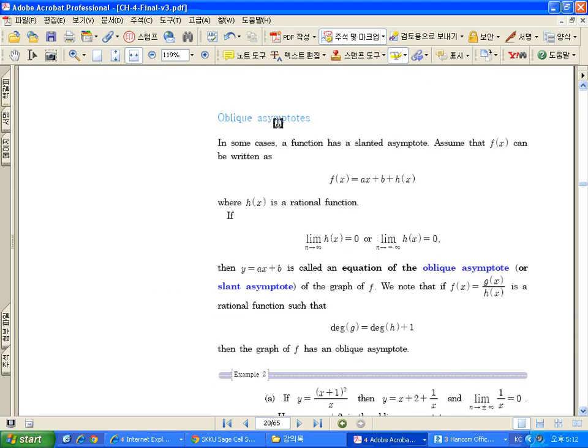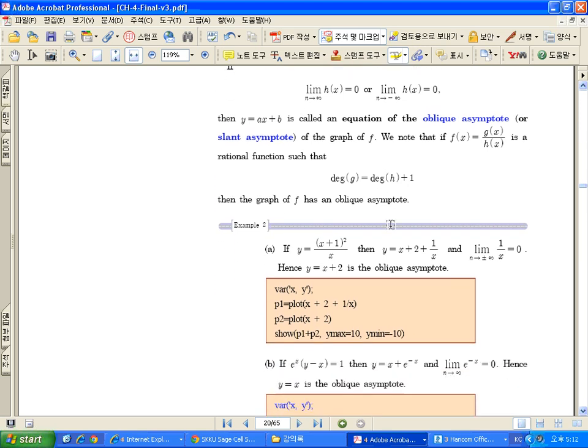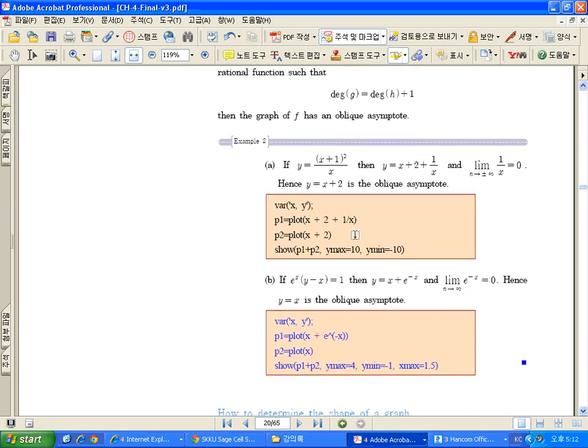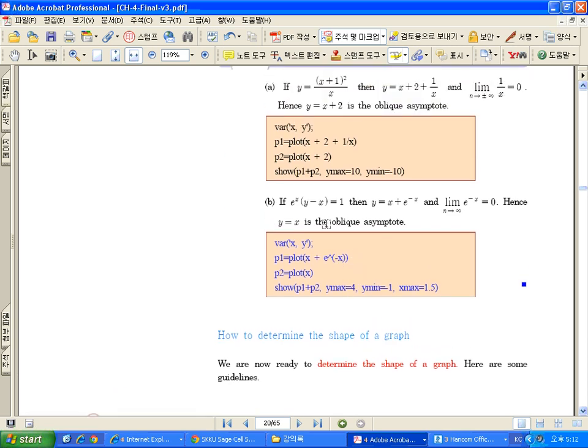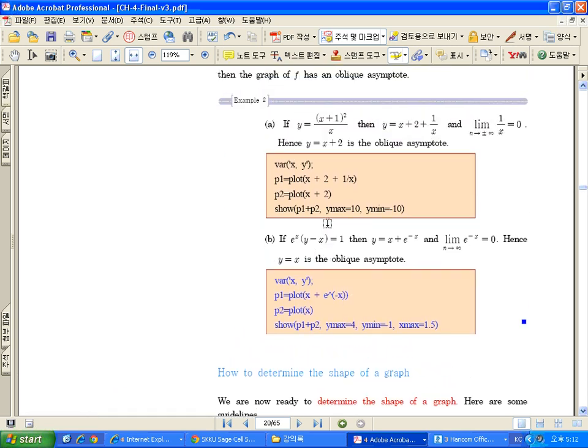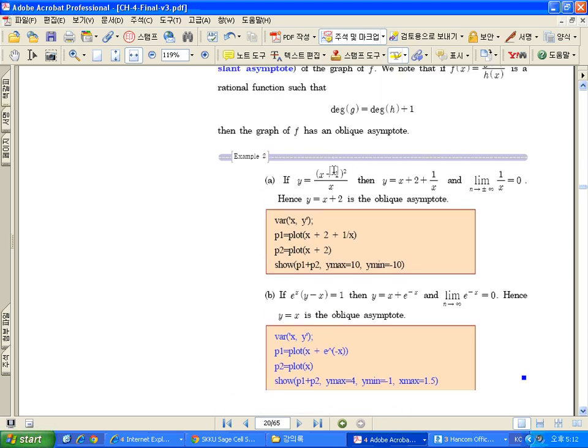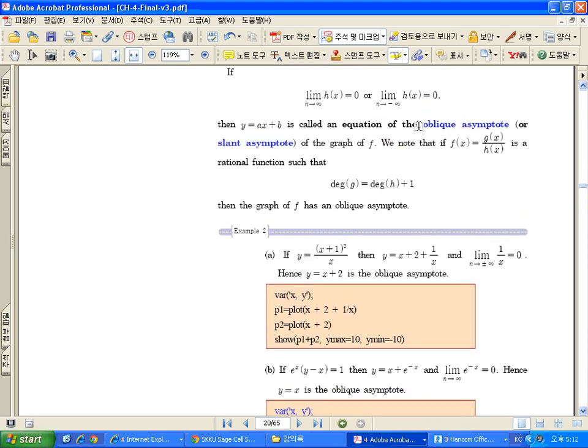And oblique asymptote. Okay, here I will show how this works. Let's see, example 2 is the oblique asymptote.